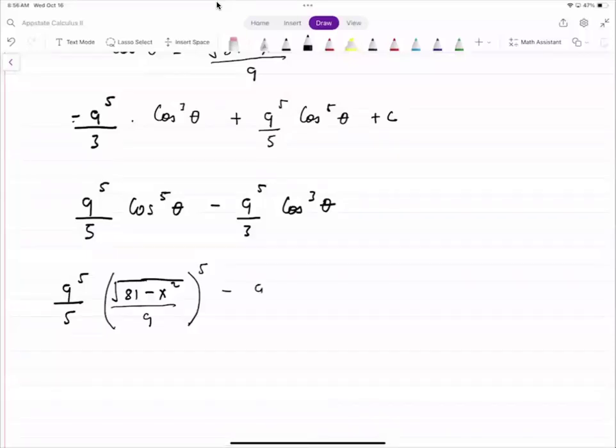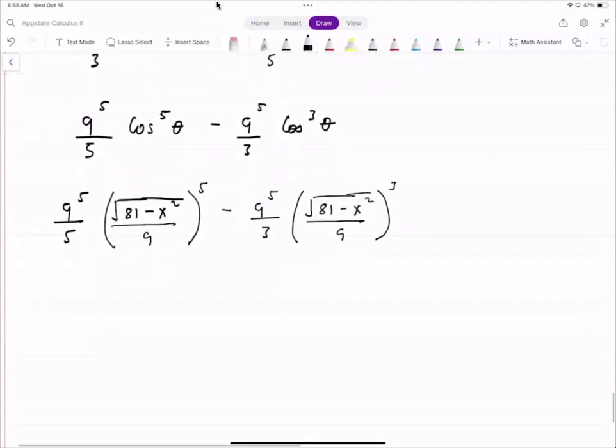Minus 9 to the fifth divided by 3 times the square root of 81 minus x squared, all divided by 9, all to the power 3. And so when we have this, you can simplify.